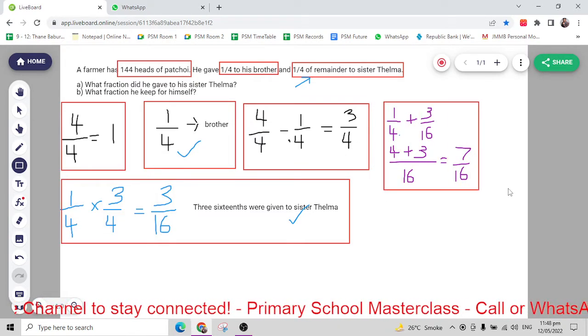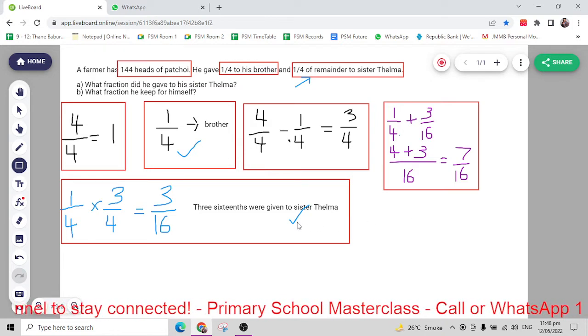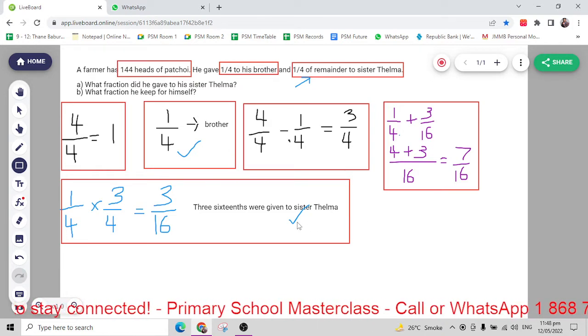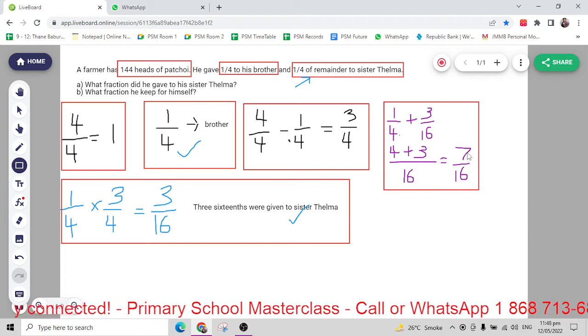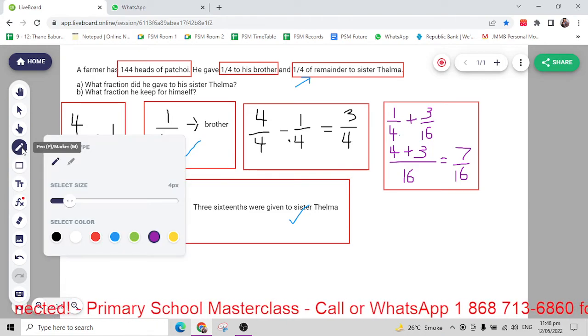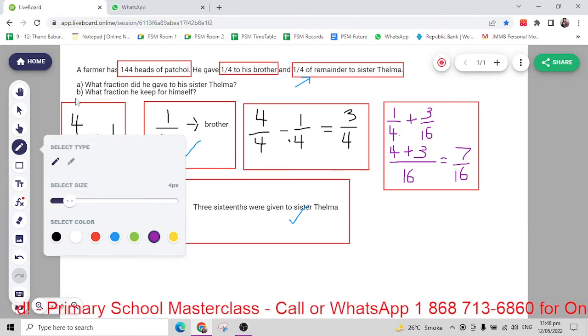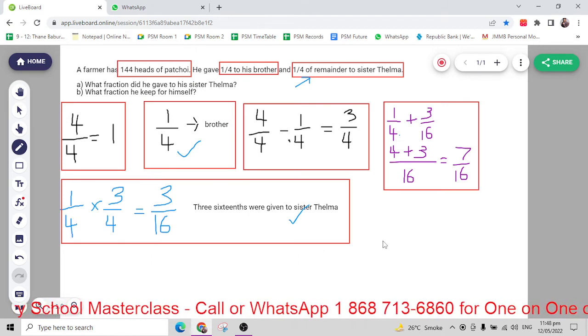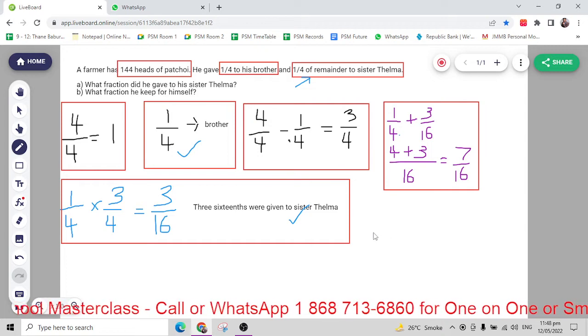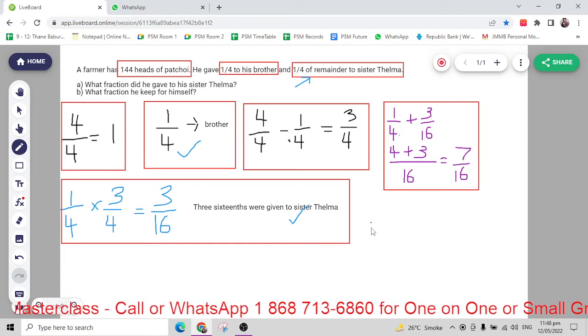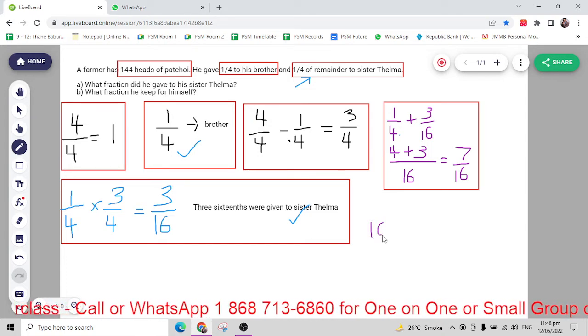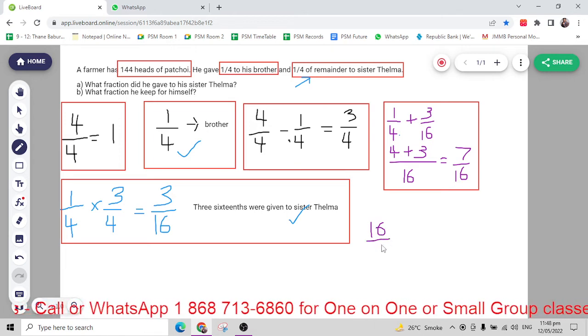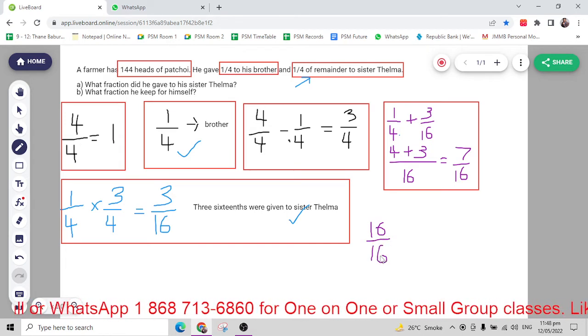Okay? Now, since we know that 7/16 were given away, we know from our fractions that when we have a number over the same number, that's going to be the whole. So we are talking now in terms of 16ths. 16 over 16 would represent all the Pak Choi.